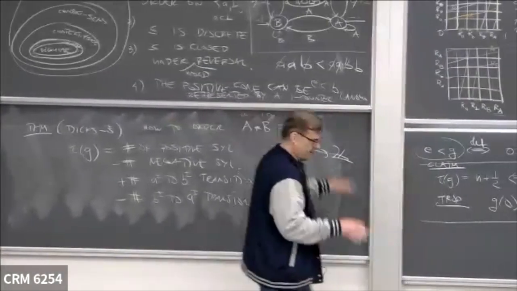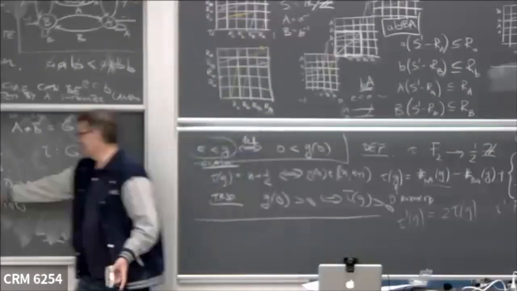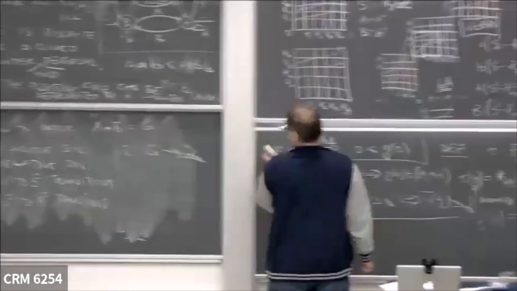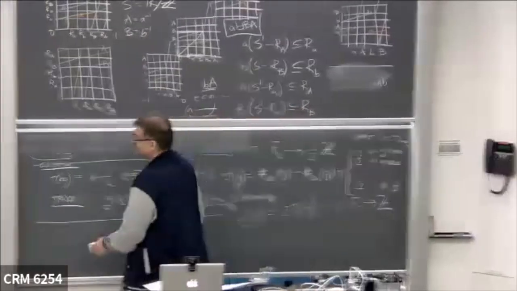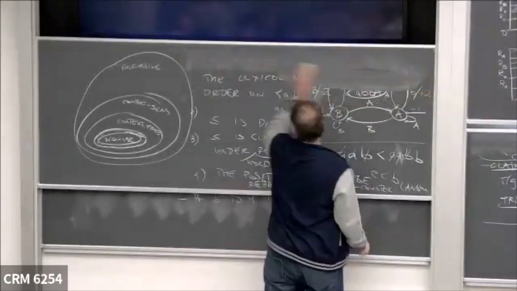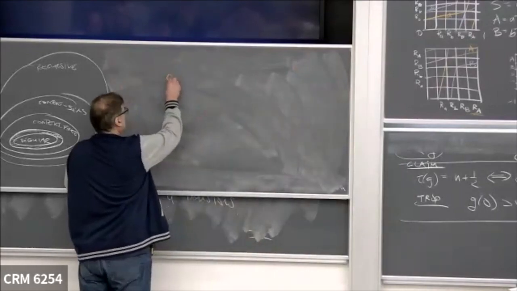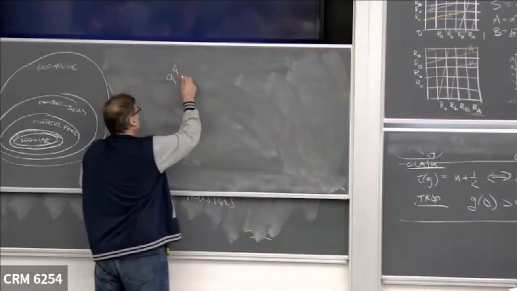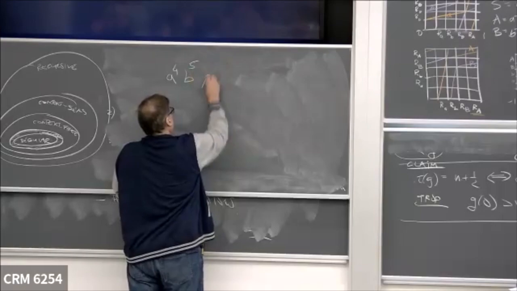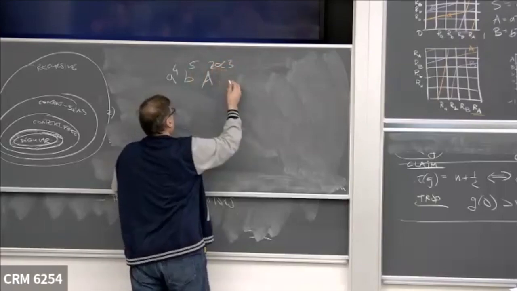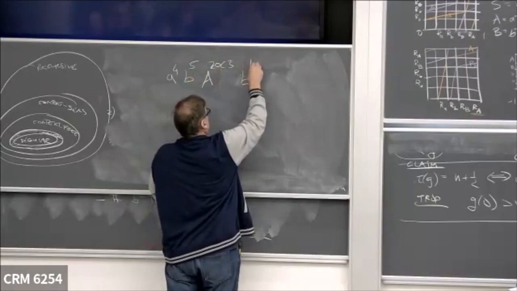Just think of the free group on A and B. For example, A to the 4th, B to the 5th, capital A to the 2023, B to the 1 billion.